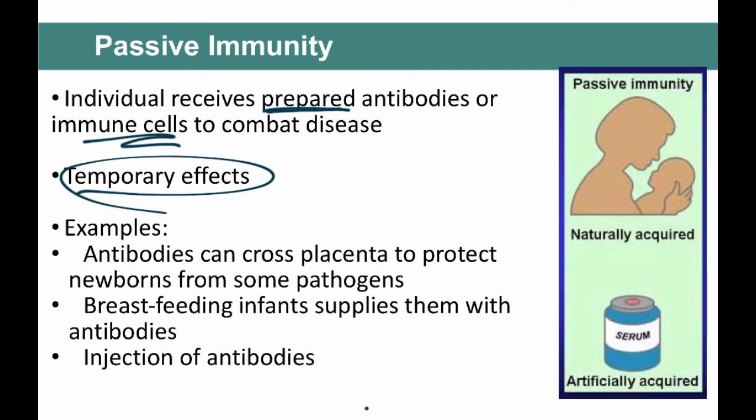Some examples of naturally acquired passive immunity would be antibodies that cross the placenta that protect fetuses and newborns from certain pathogens, and antibodies that are present in breast milk that the mother produces. We can also give injections of antibodies. Antivenoms for snake bites or spider bites are often antibodies.